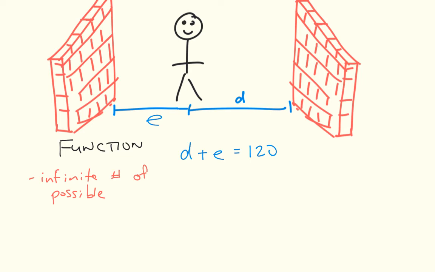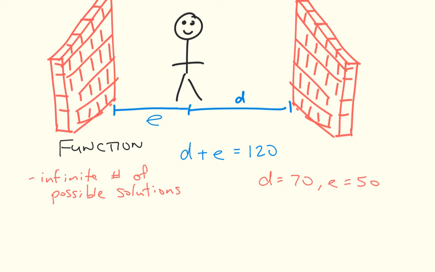Now we find ourselves in a situation that still has an infinite number of possibilities, but now there's actually an infinite number of possible solutions, right? Equations have solutions. But in this case, it's not enough to say that the solution might be that d equals 70. We would have to say, well, the solution that would make this true would be that d would equal 70, and then e would have to equal 50.